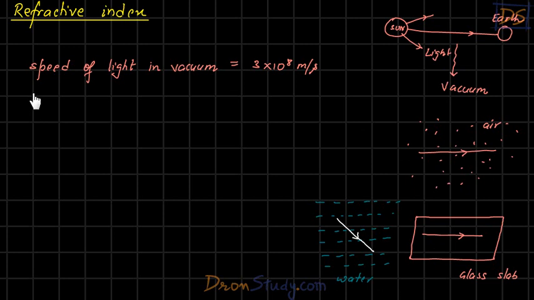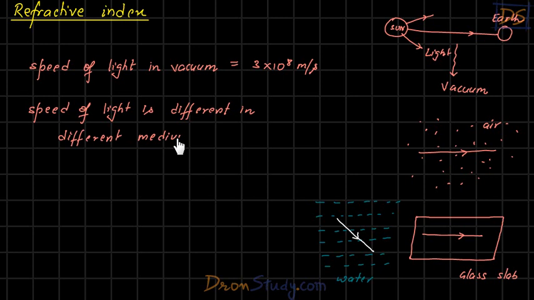So we can write, students, the speed of light is different in different mediums. If it travels in vacuum, it travels with a different speed. If it travels in air, a different speed. Glass, different speed. Water, different speed. Kerosene, different speed. Right?